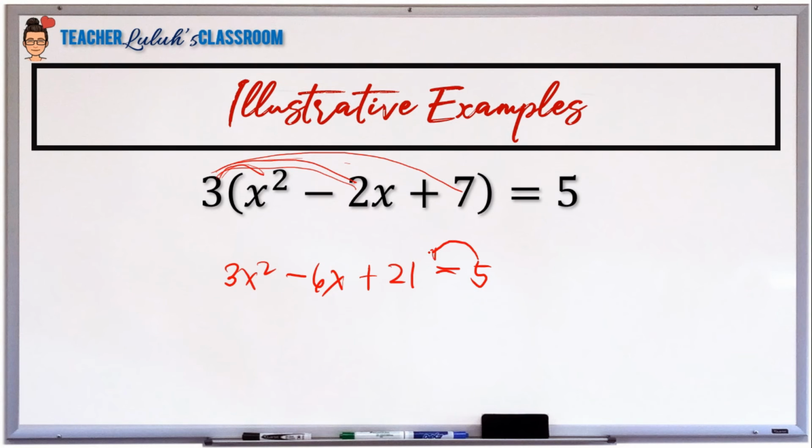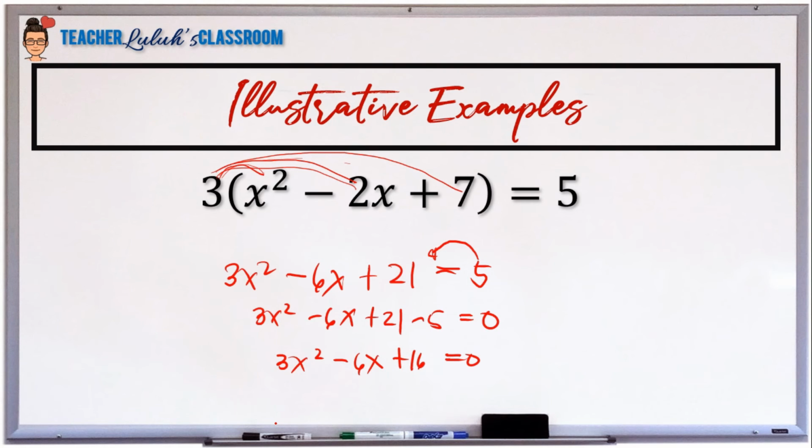We have to isolate everything else here. So, magiging 3x squared minus 6x plus 21. So, positive 5 magiging negative 5 equals 0. And then, like terms yun, 21 minus 5 is 16 equals 0.